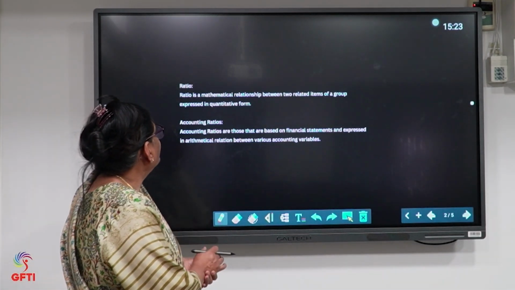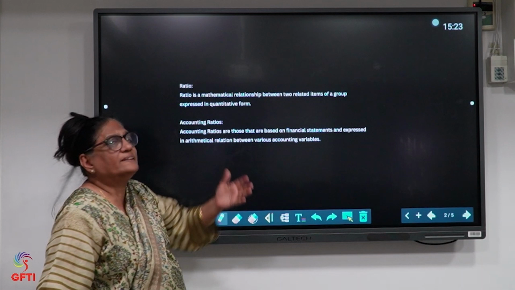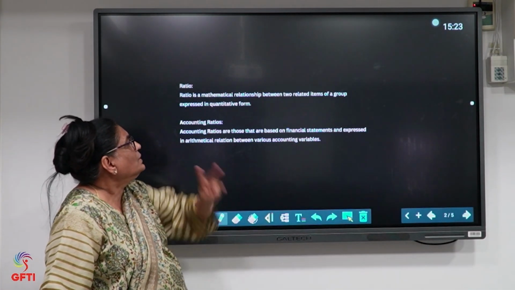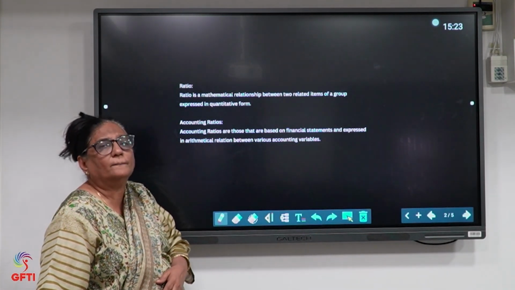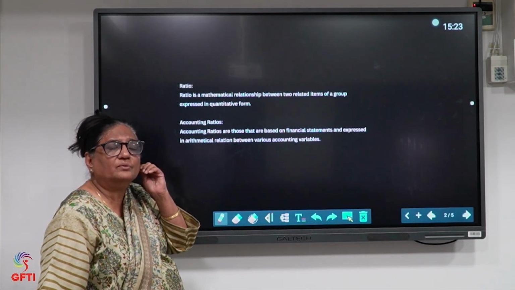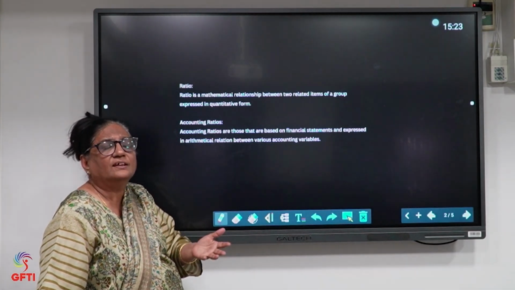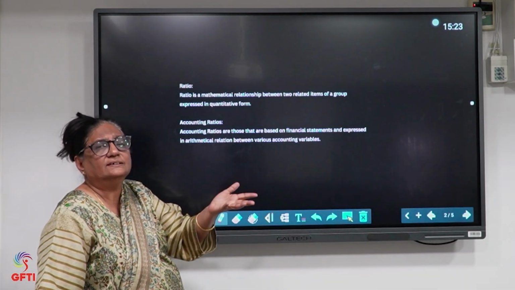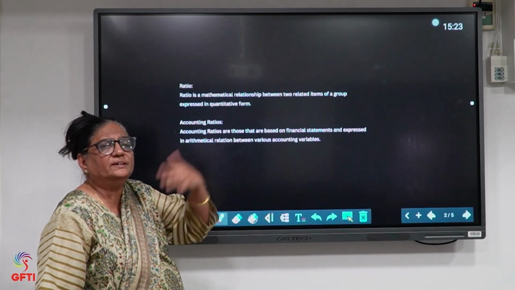Fine. Now we are taking accounting ratios. What is a ratio? A ratio is a mathematical relationship between two related items of a group expressed in quantitative form. Companies use ratios for improvements, growth of a company, and to enter a competitive market.